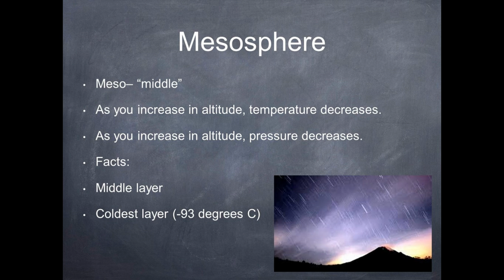In this layer, temperature also increases with height, and above the mesosphere there is the mesopause, and above the mesopause temperature becomes minus 80 degrees Celsius.